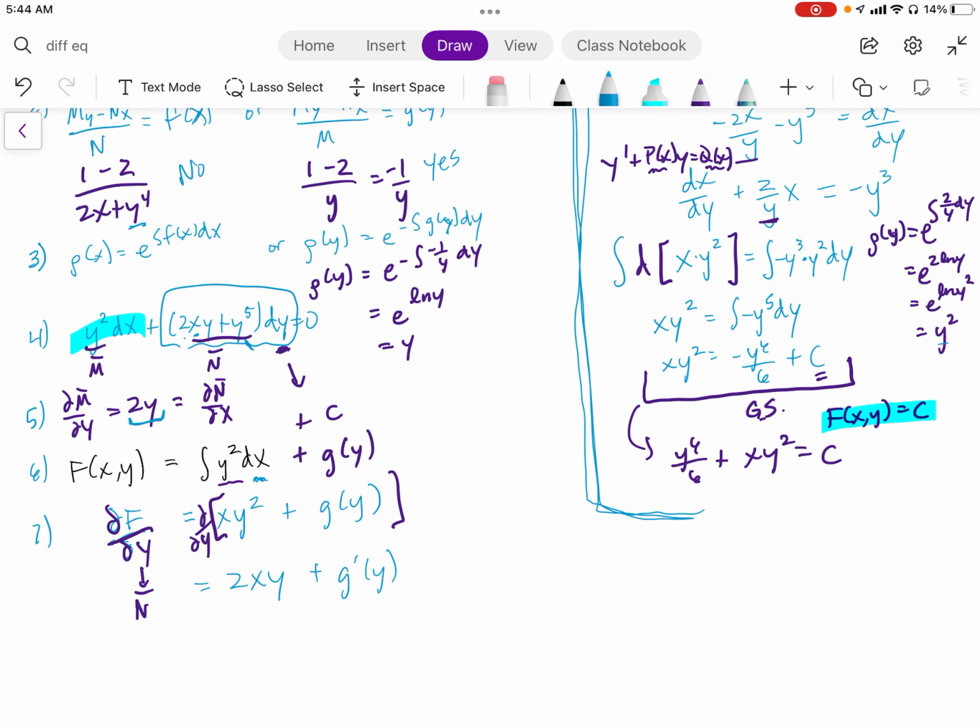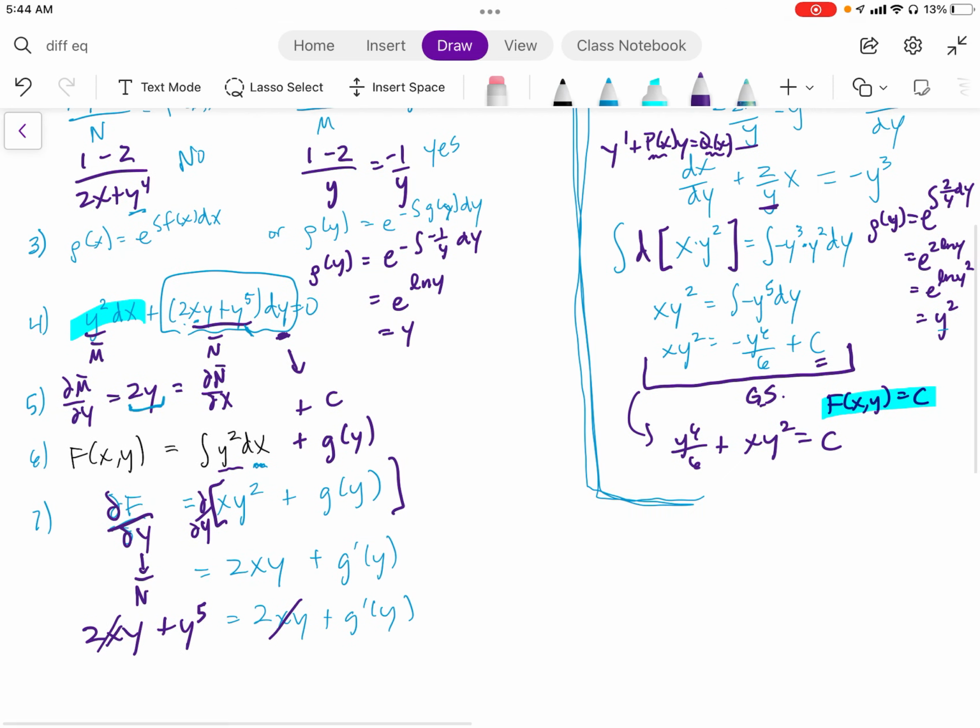And why else that makes sense is after you've done a few of these, which apparently I need more practice, you will see part of it is always equivalent. Okay, this 2xy, those are going to cancel. So therefore, g prime of y is y to the 5th.